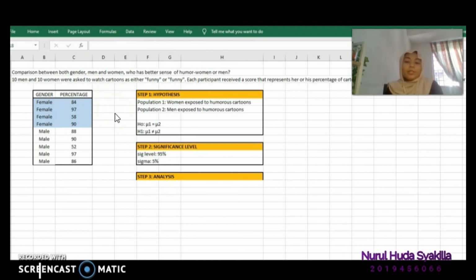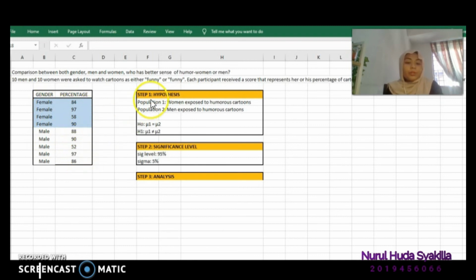Each participant received a score that represents her or his percentage of cartoons found to be funny. Below are fictional data for 9 people. So here it is, the data. The data is already classified by gender, with percentages for female and male.